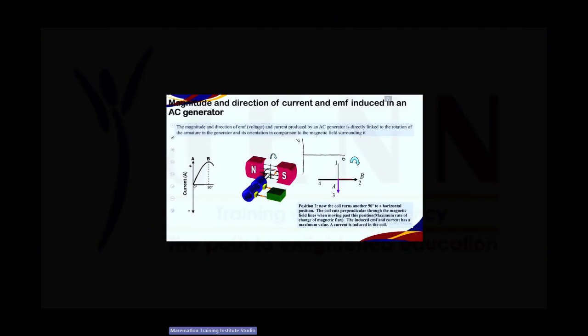Now you will have to look at the position of your graph. You will see that at that point, it creates maximum voltage and maximum current. So instead of starting at 0, you are going to start at the maximum point, and then form one rotation.